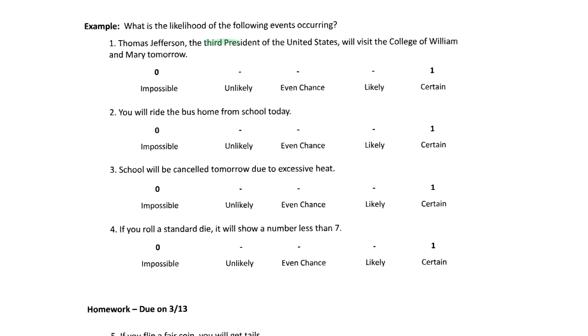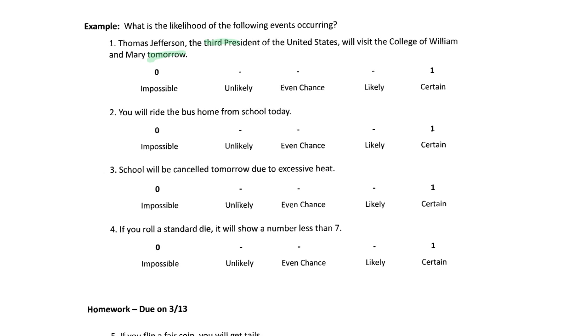Third president and tomorrow. So think about how long ago was the third president? Maybe you don't know. So to put it into perspective, our current president is the 45th president. And they all have roughly 4 years in office.